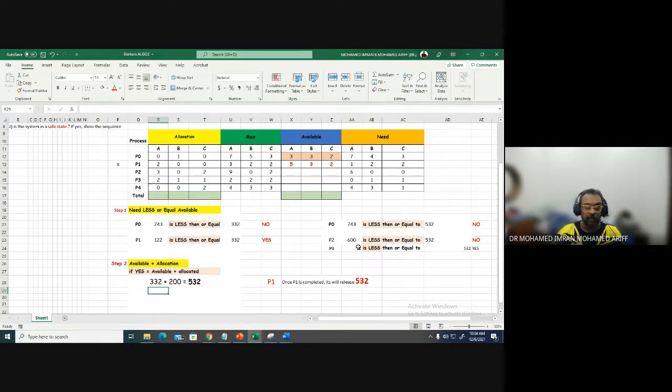What is the available untuk P3? P3 punya available is 532. What has been allocated to P3? P3 has been allocated 211. So kita campur dua-dua, it now becomes 743.